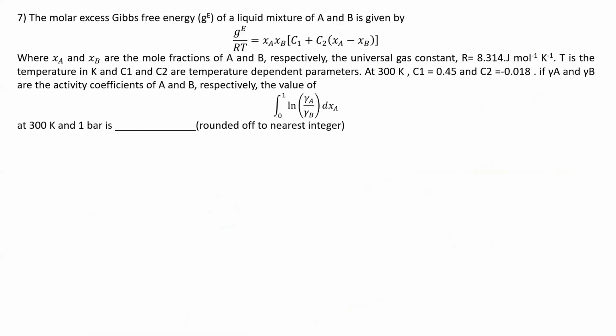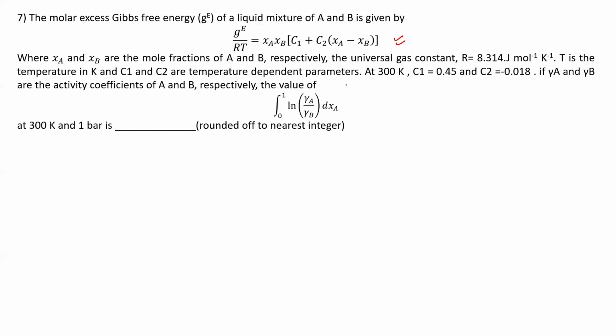Molar excess Gibbs free energy of a liquid mixture of A and B is given by this equation, where XA and XB are the mole fractions of A and B respectively.